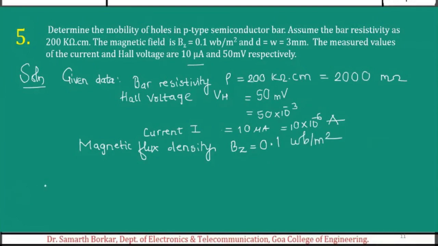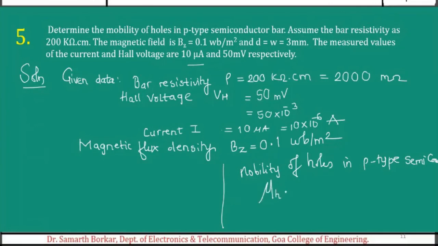What we are asked is to find the mobility of holes in a p-type semiconductor. In the previous problem we had taken an n-type semiconductor. Okay, so mobility mu h is conductivity into RH, and RH is the Hall coefficient.